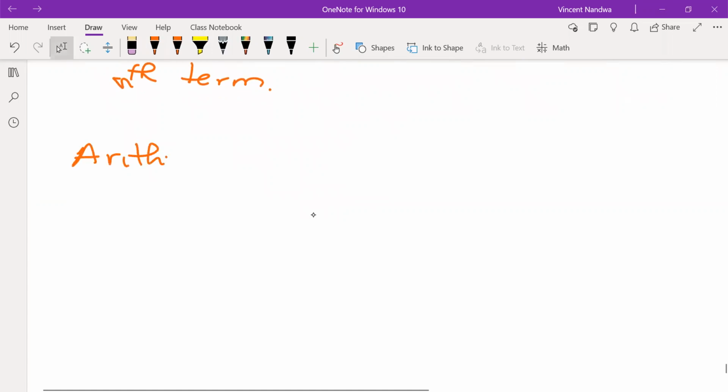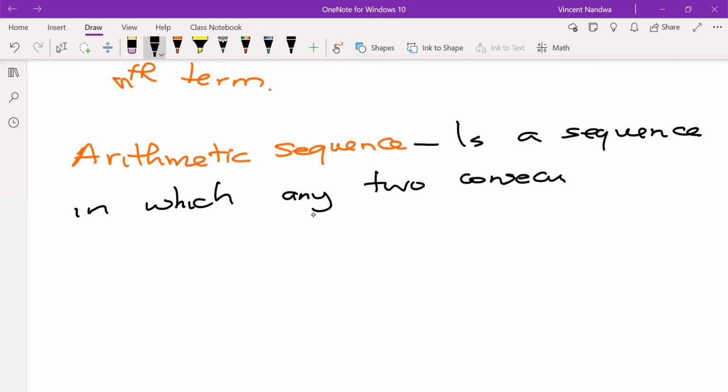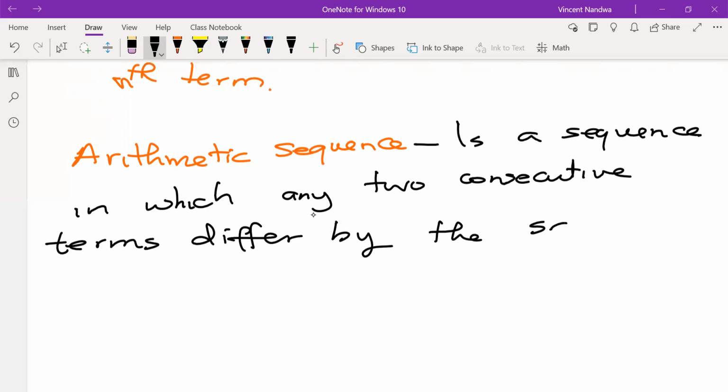So an arithmetic sequence is a sequence in which any two consecutive terms differ by the same number, usually called the common difference.